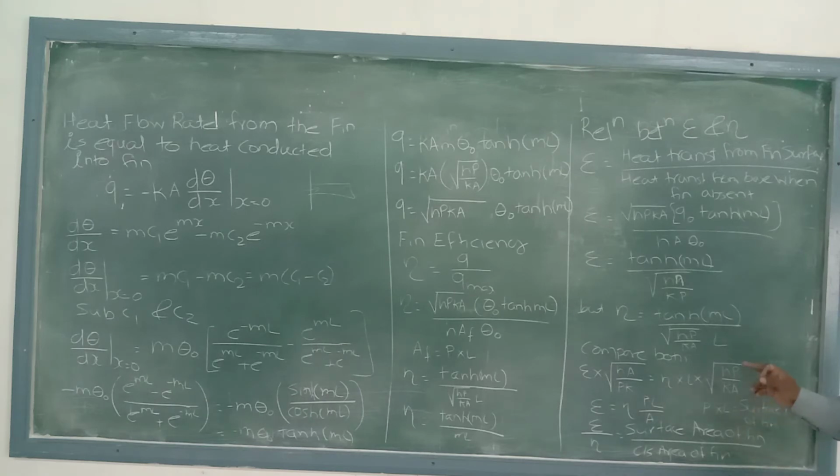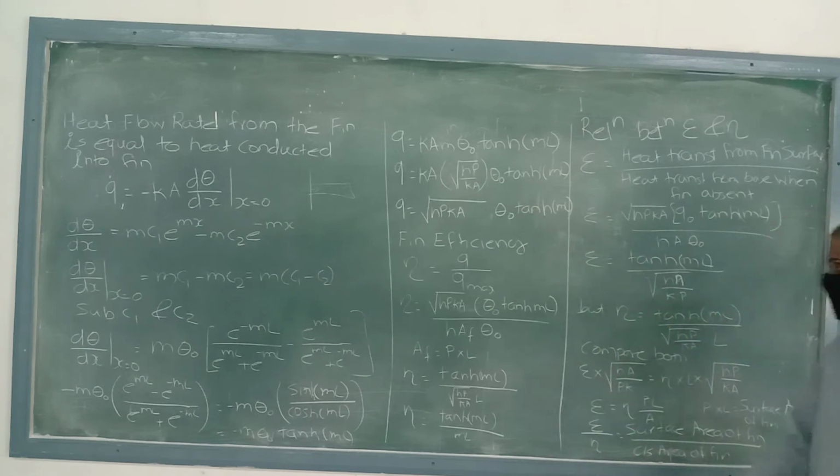In this equation we are again cancelling the terms and we are getting effectiveness is equal to tanh(ml) upon under root hA into kP.